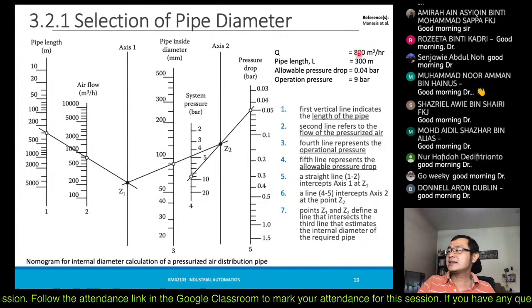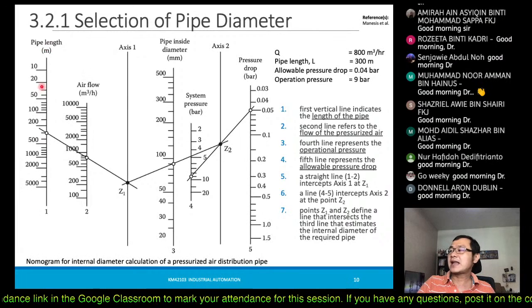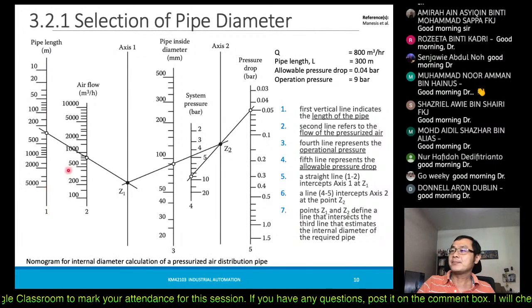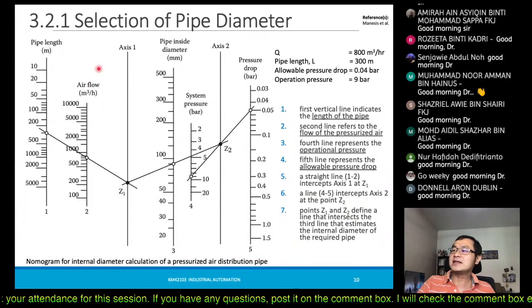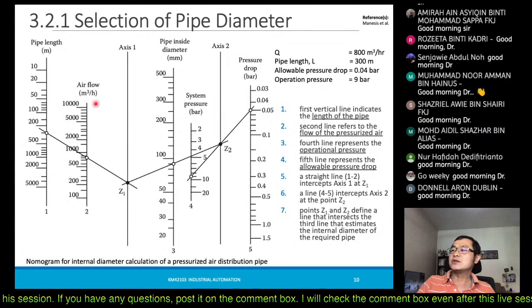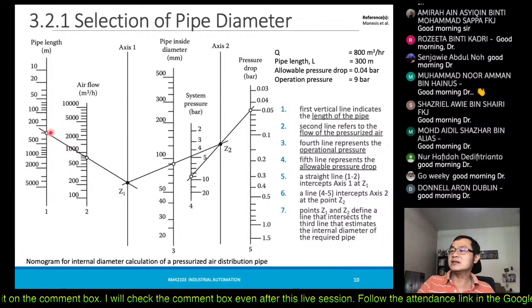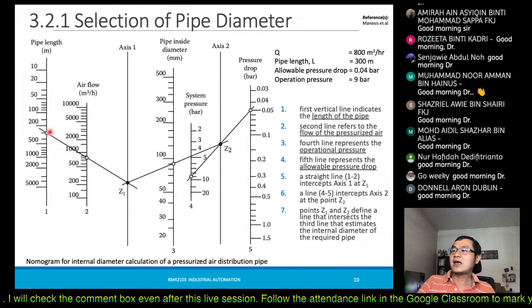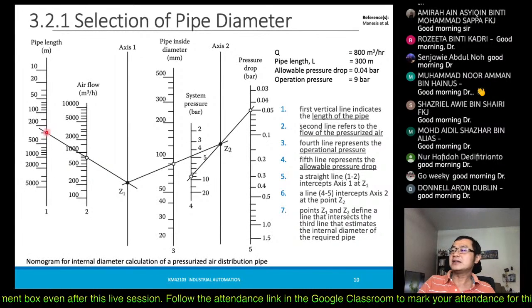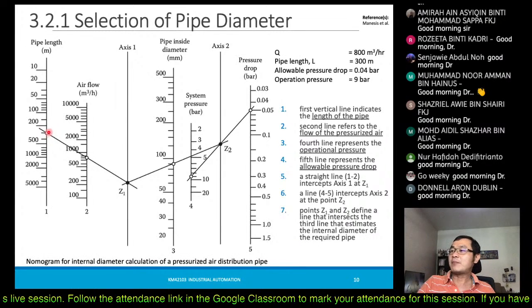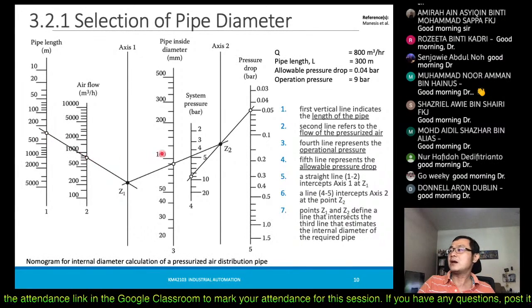We can see that the first vertical line represents the length of the pipe, the second represents the airflow that we require. From our previous statement, we have 300 meters of pipe length, then the airflow is about 800.